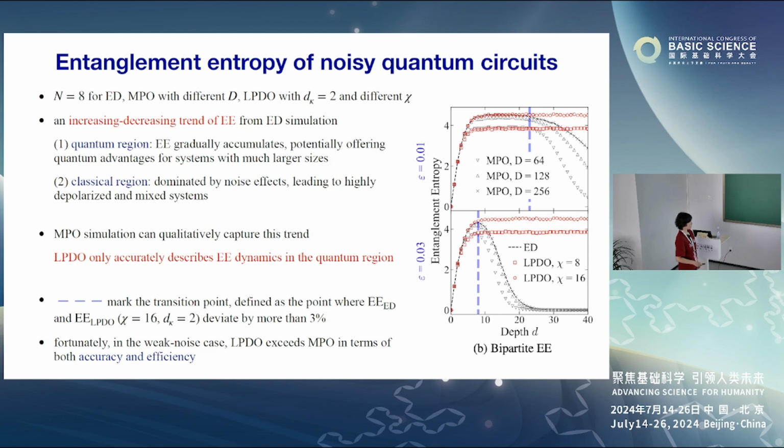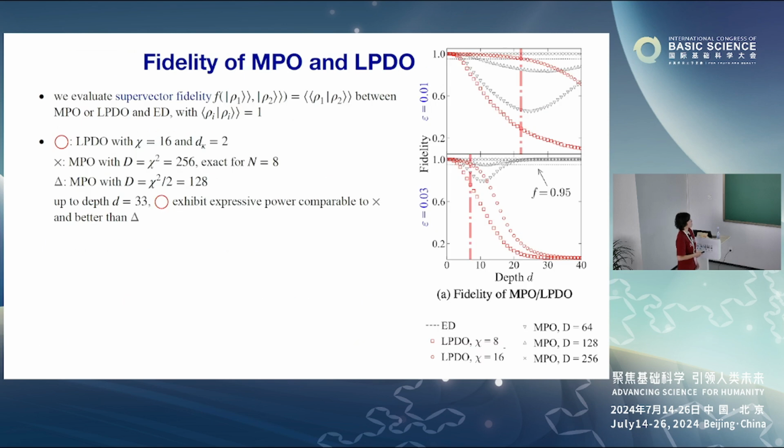LPDO can exceed MPO in terms of both accuracy and efficiency in the quantum part, but it shows some limitations in the classical part. To see this limitation, we can look at the fidelity between the MPO and LPDO, compared with the exact one, the super vector fidelity.